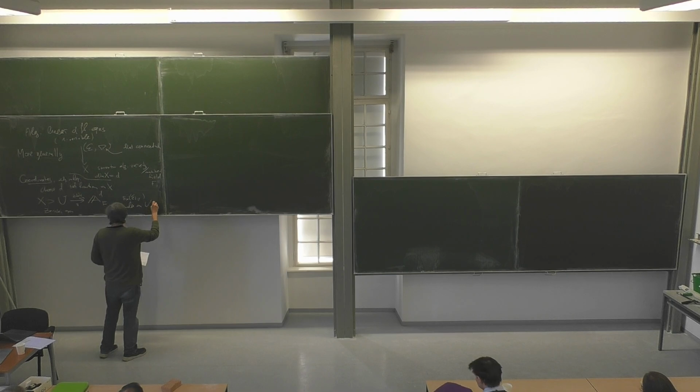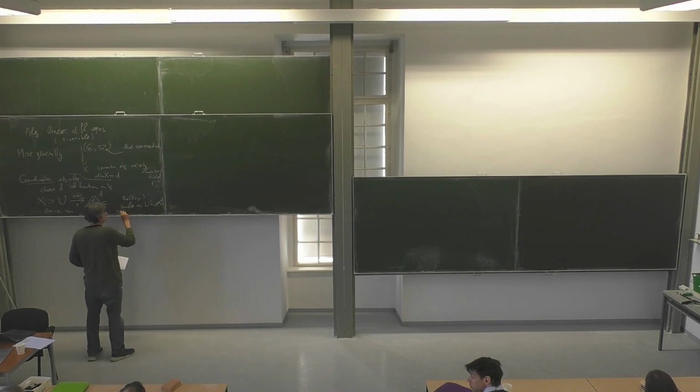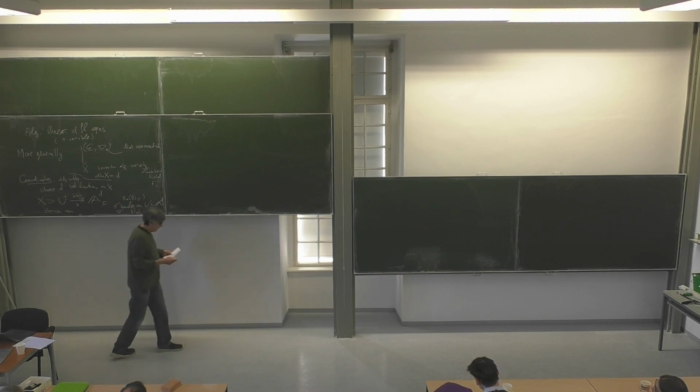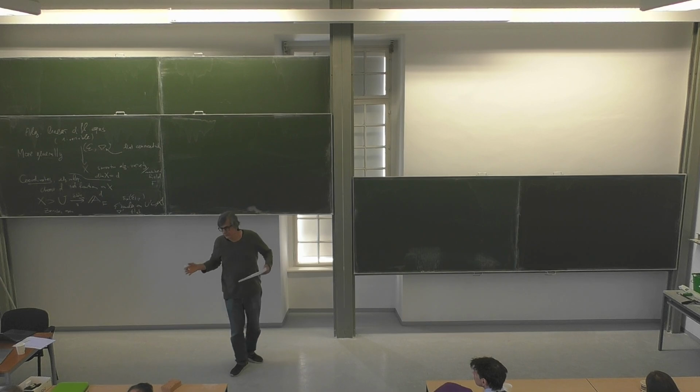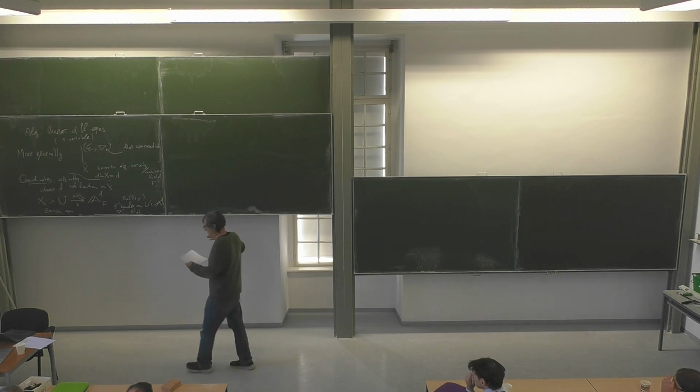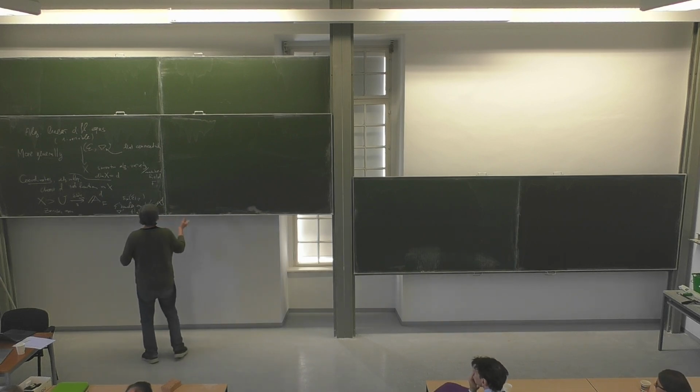So you have a flat connection on affine space, of larger rank, and you can trivialize your bundle. You get commuting differential operators.